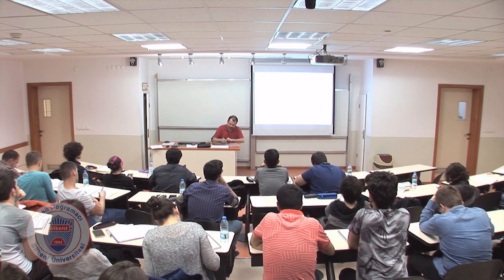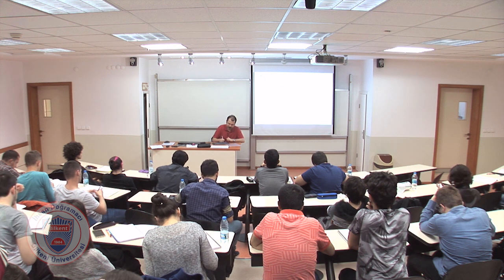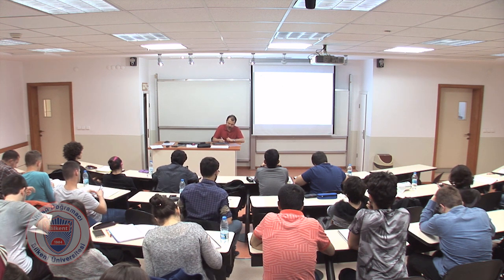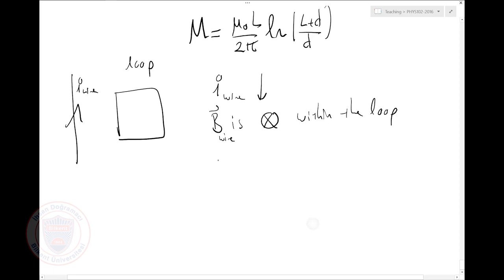I'm going to say, this is I wire, and this is the loop. I wire is decreasing with time. B created by the wire is into the page within the loop, which means flux of the loop is decreasing with time.